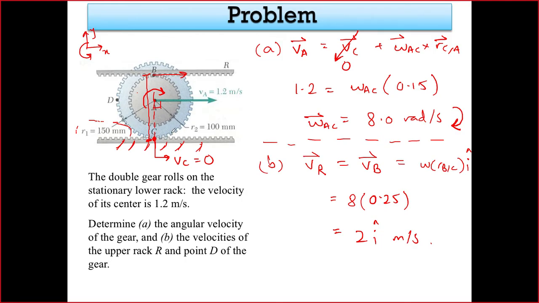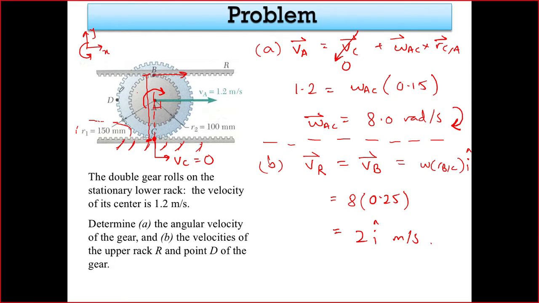Rack and pinion भी इनको कहा जाता है. Yes, again, as I said, abhi we are learning how to analyze these mechanisms, and their design and their application will be dealt in much more detail in the mechanics of machines. क्योंकि उसमें हम इन्हीं mechanisms को देख रहे होंगे कि ये use कहाँ होने हैं exactly. Okay? Right. Okay, so any queries until the velocity of the upper rack R?